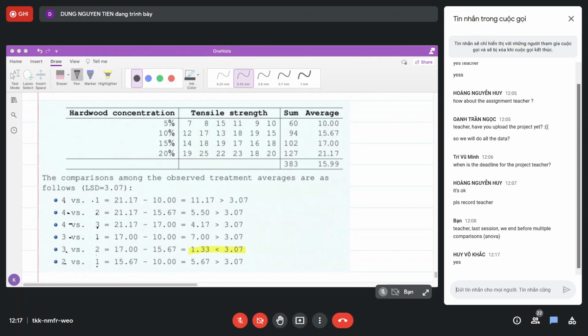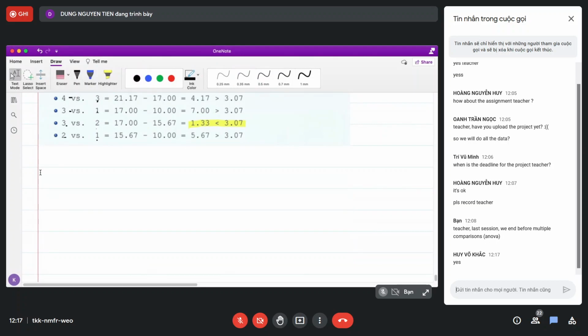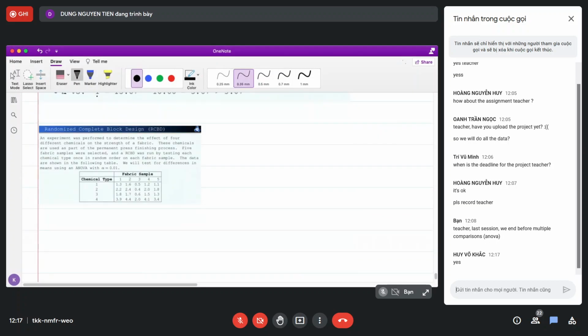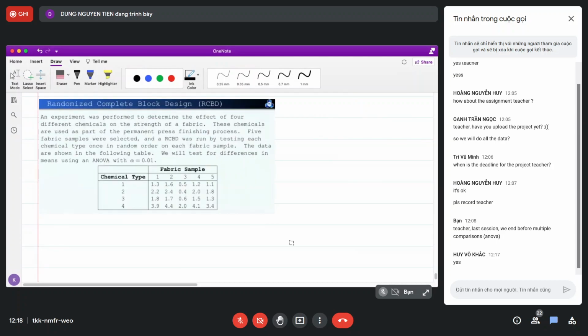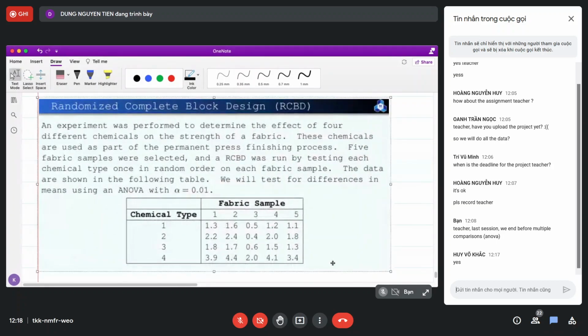So for this problem, we consider only one factor, right? What if you have more than one factor? You can consider the following design, the randomized complete block design. An experiment was performed to determine the effect of 4 different chemicals on the strength of a fabric.